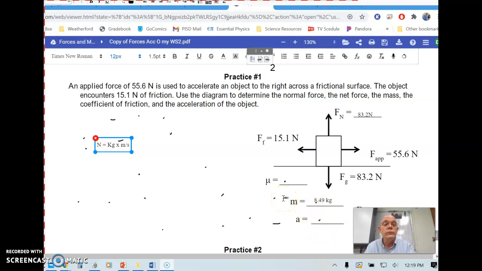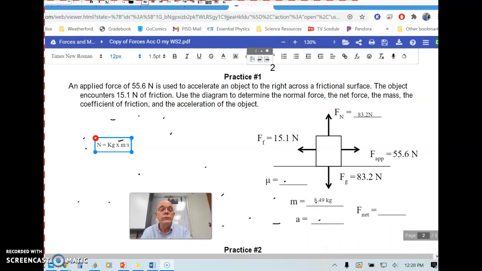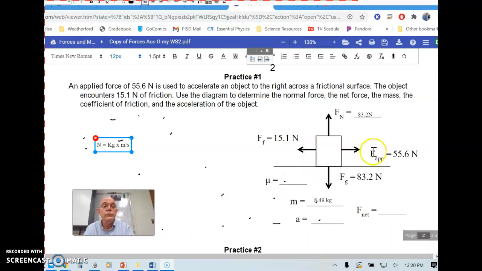Now, we got the normal force, we got the mass. We have the applied force, which would be this. To do the next thing, though, we need to find the net force. Well, we don't have an actual formula that we listed for that. But just like on the worksheet we did the other day, if these two forces cancel each other out, so there's no up or down movement, there's only horizontal movement.